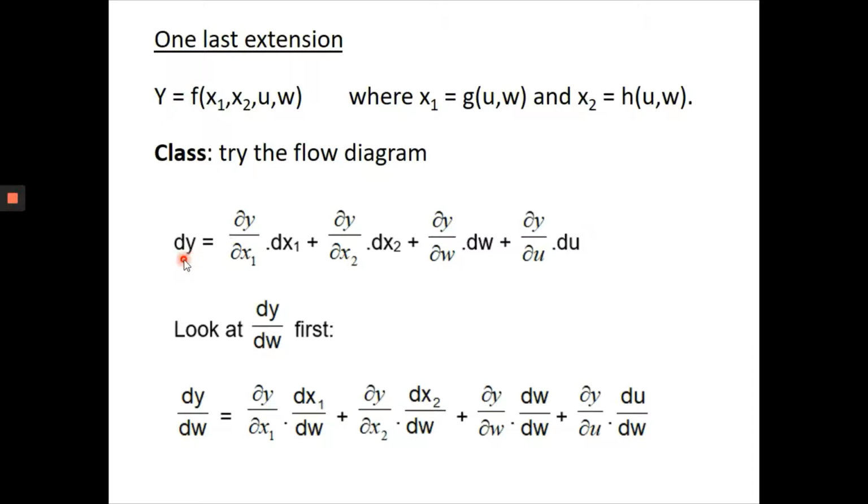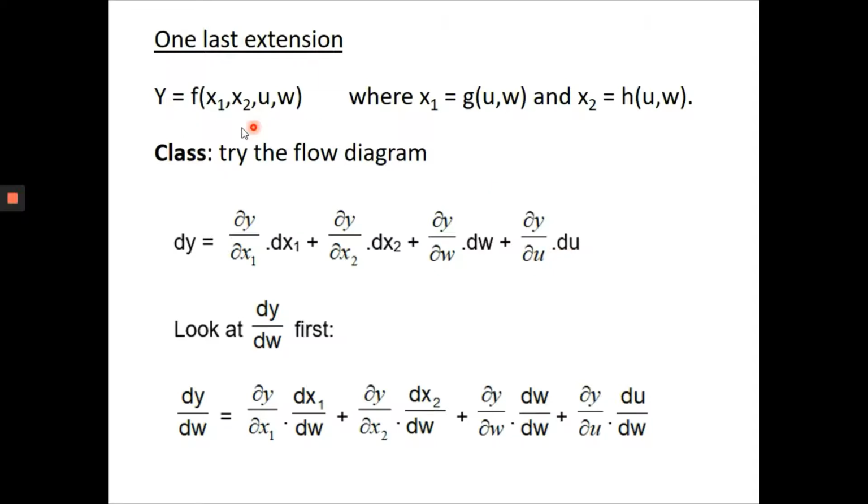So that's the exact same approach that we've been using up until now. Starting with the partial derivative of y with respect to x1 times dx1 plus partial derivative of y with respect to x2 times dx2 plus partial derivative of y with respect to w times dw plus partial derivative of y with respect to u times du.